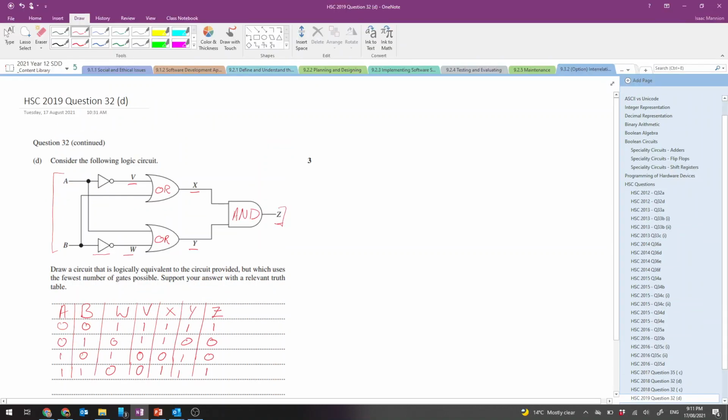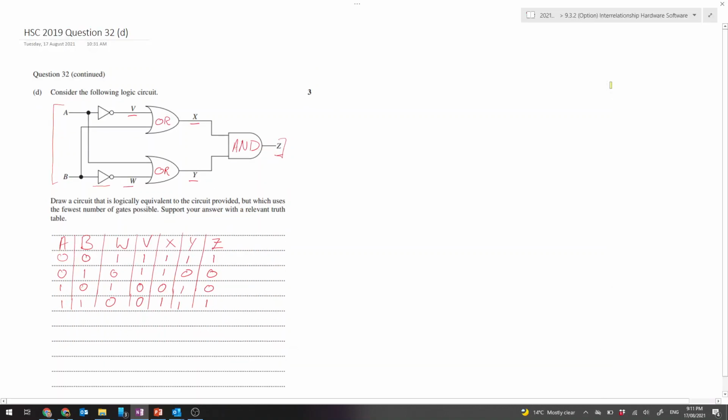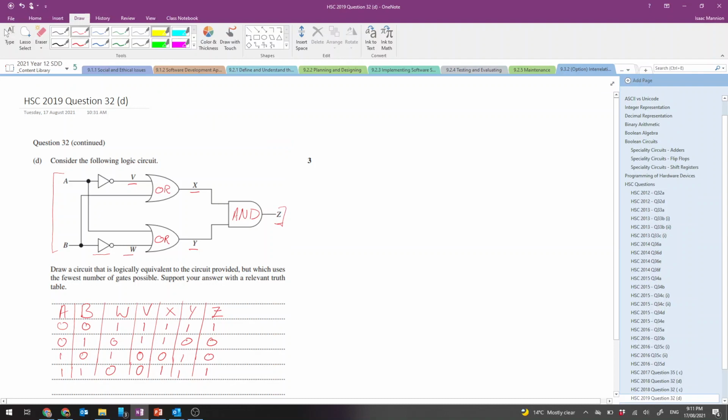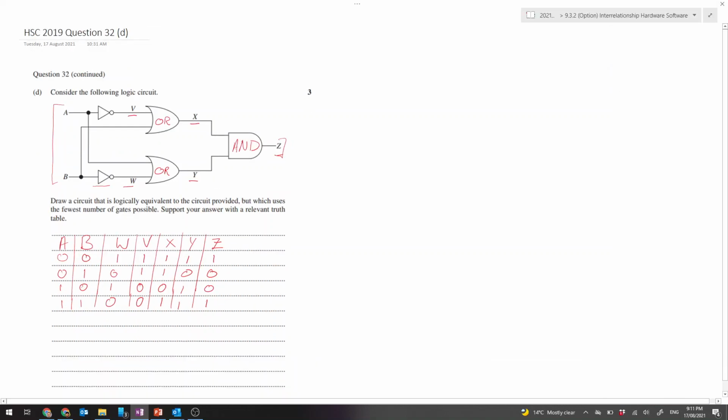Now the next part here, we need to draw a circuit that's logically equivalent. So if we consider that truth table for a sec, and if we recall, if we wanted to draw the truth table for an XOR gate, A XOR B, I might just do this on the side here.